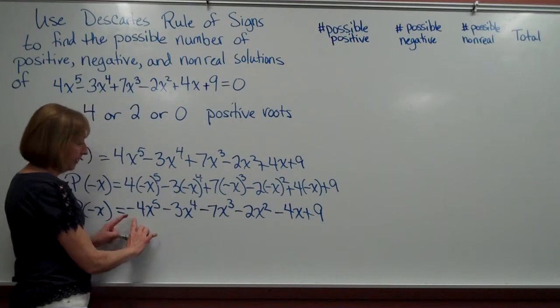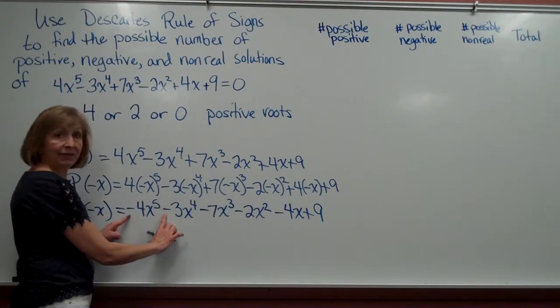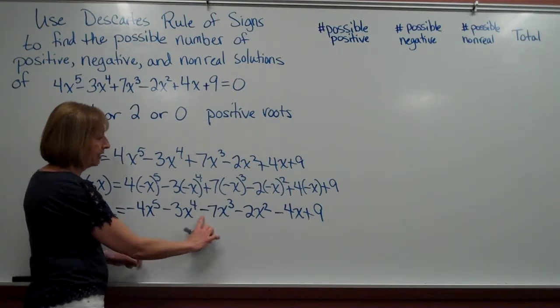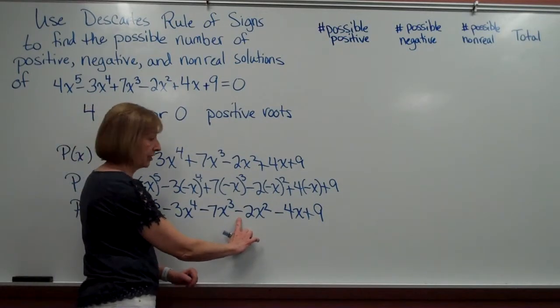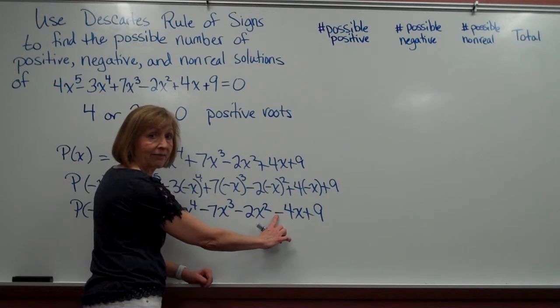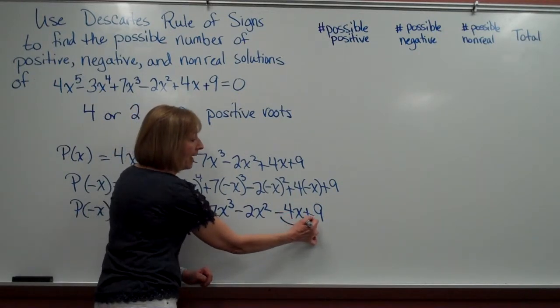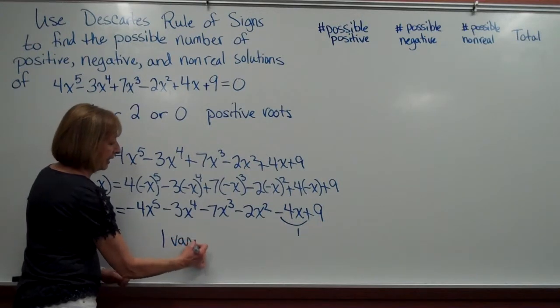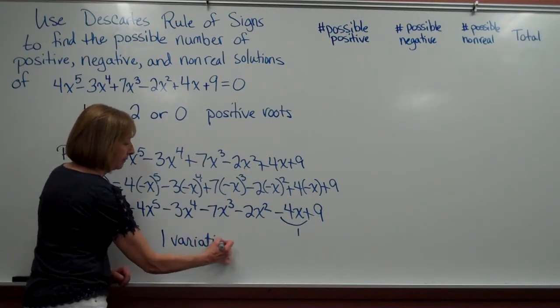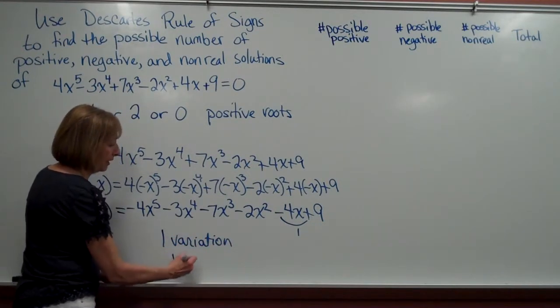So I have negative to negative is not a variation, negative to negative is not a variation, negative to negative is not a variation, negative to negative is not a variation, negative to positive is a variation, so I have 1 variation in sign. So I have 1 negative root.